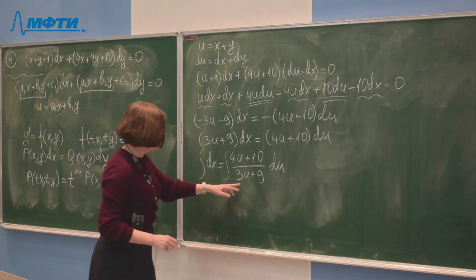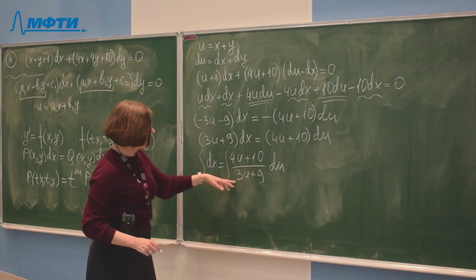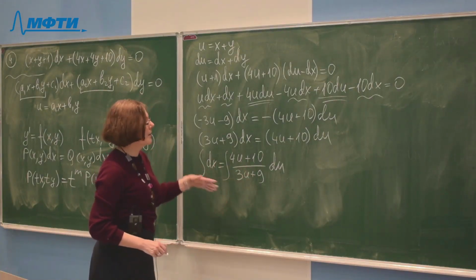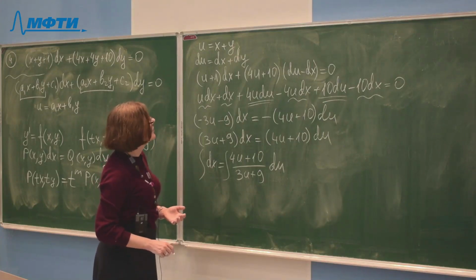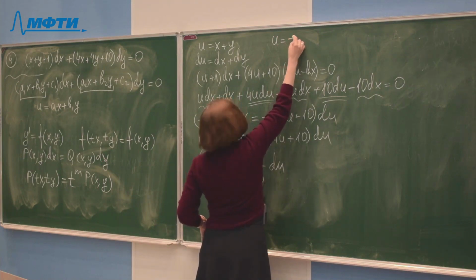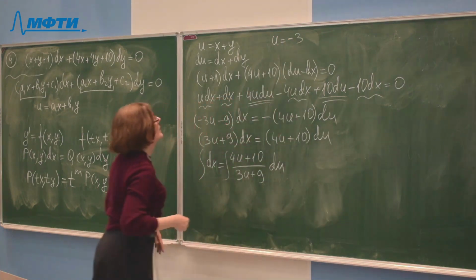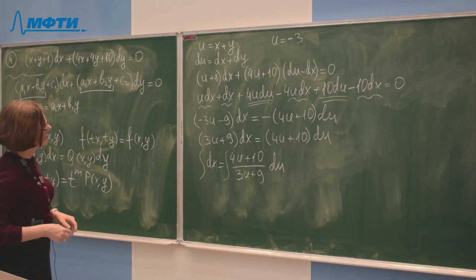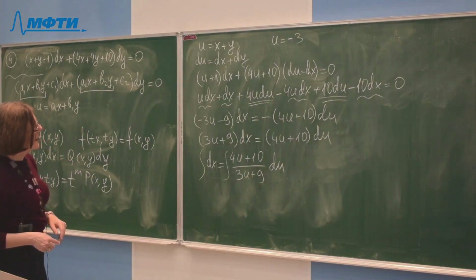And after all, we will consider particular solutions. So u equals -3 may be a particular solution, and we should check whether it is a particular solution or not.